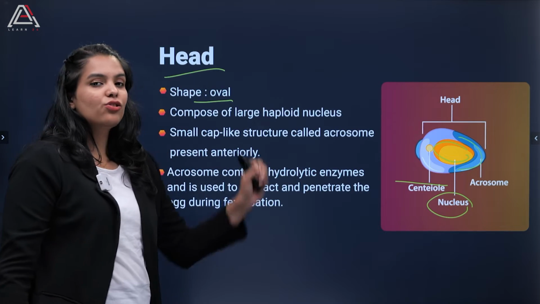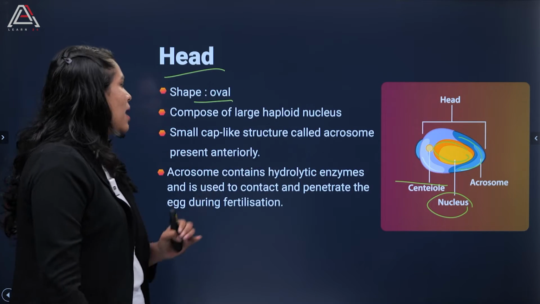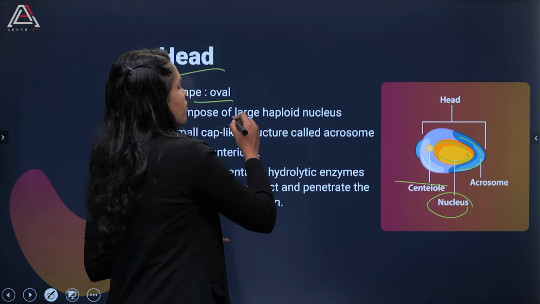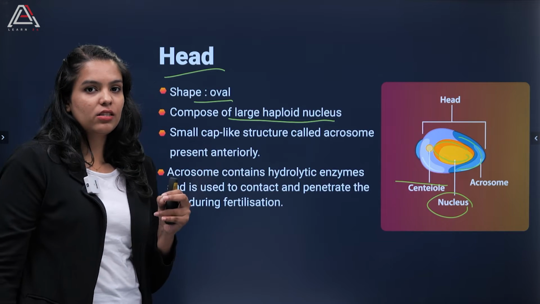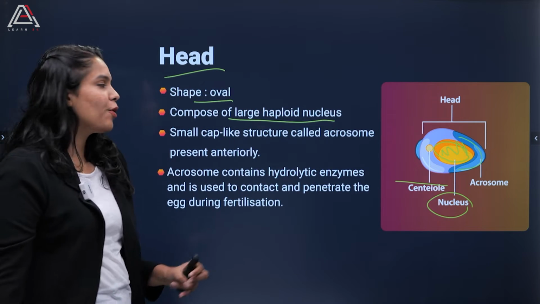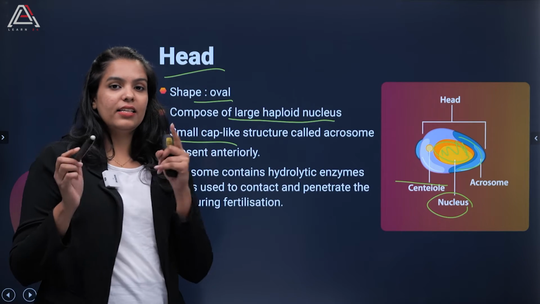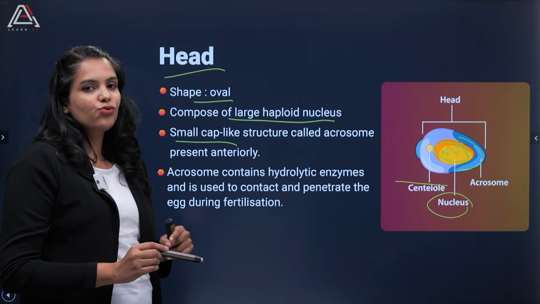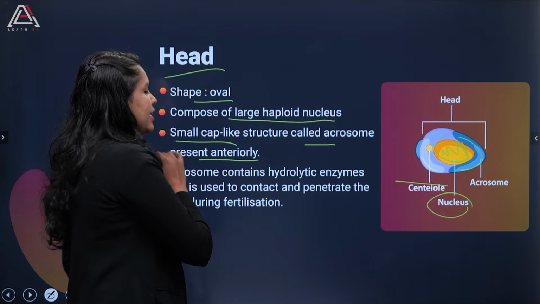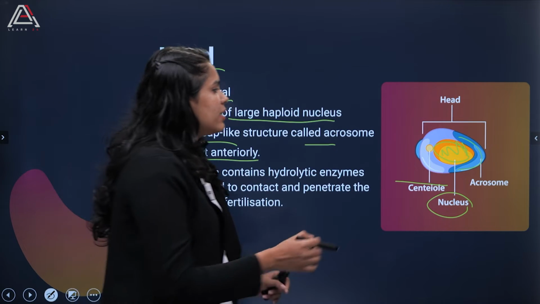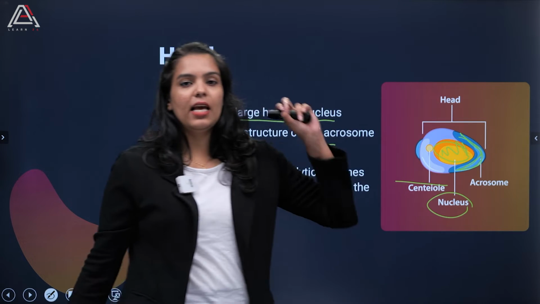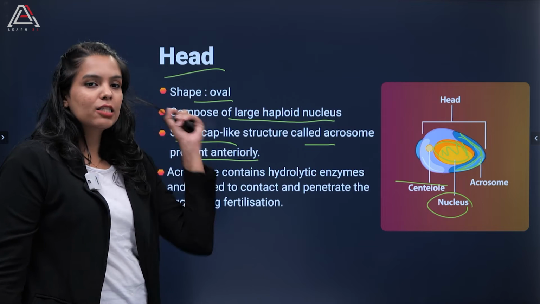It is composed of a large haploid nucleus, and there is a small cap-like structure called the acrosome, which is present at the anterior end, the topmost tip of the sperm itself.